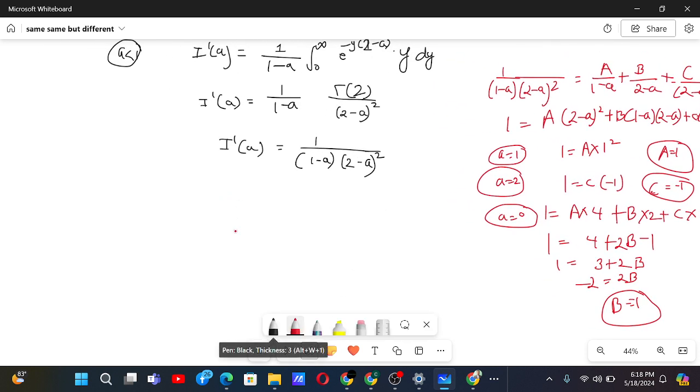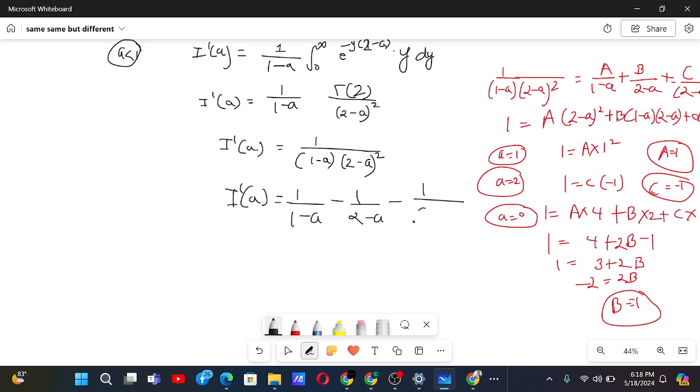So now the integrand is 1 by 1 minus a, minus 1 by 2 minus a, minus 1 by 2 minus a squared. Is that right? Yes.